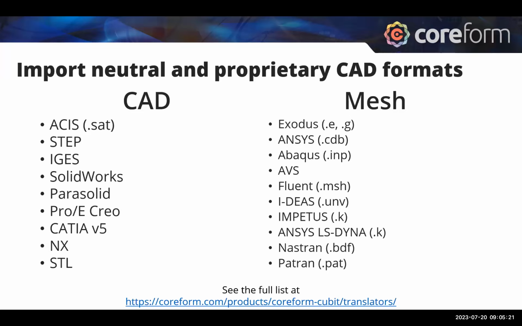By neutral CAD formats, I'm referring to the ACIS, STEP, and IGES formats, which are standards that are out there or at least shared, and they're visible in a neutral file format. So many CAD software packages can either import or export these formats. And then we also support proprietary formats from, say, SolidWorks, Parasolid, Creo, CATIA, and NX.